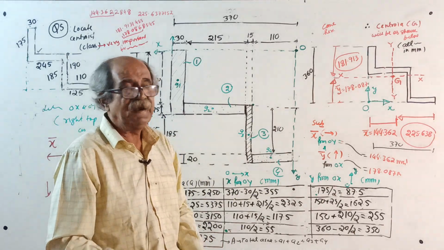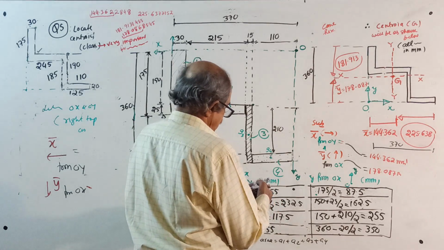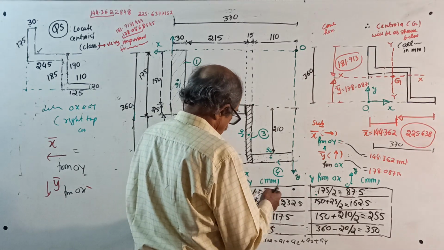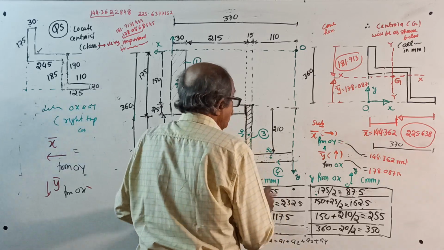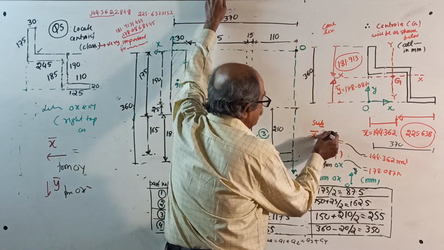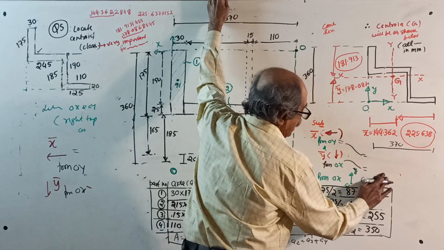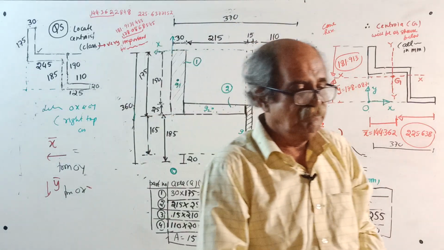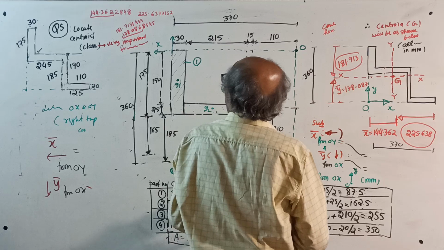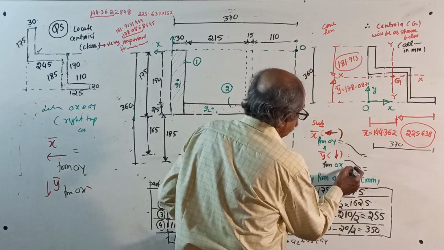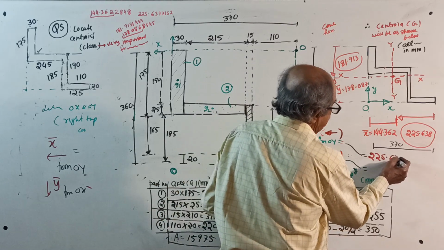Over. Now practice correctly. Now substitute. Write correctly. Substituting. I don't know where the pen cap is here. Substituting, your x bar to the left side and y bar to the down side equals, I will calculate now. See. 225.638.